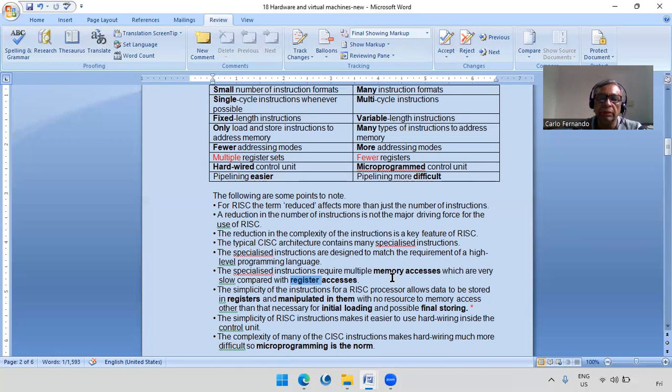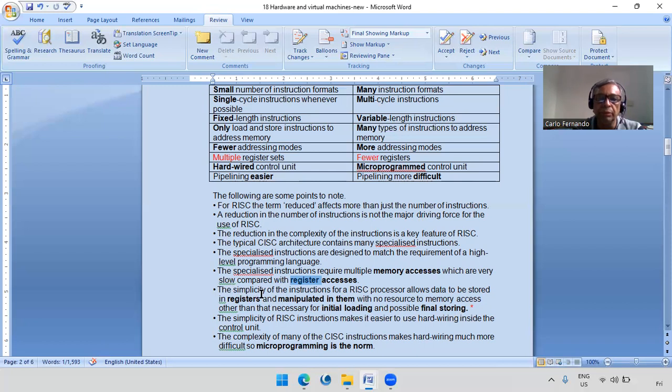To access RAM takes a little bit more time than the registers which are already in. The simplicity of the instructions for a RISC processor allows data to be stored in registers and manipulated in them with no resort to memory access other than that necessary for initial loading and possible final storing.